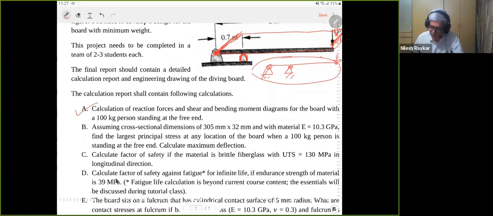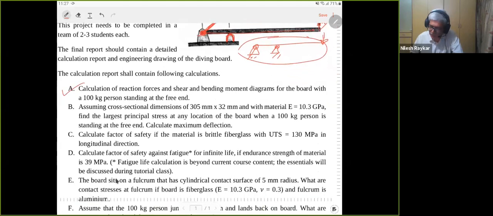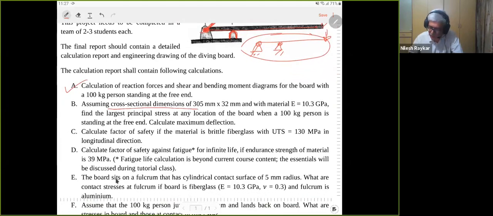The second is to calculate the cross-sectional dimensions, or assume cross-sectional dimensions as 305 by 32 millimeters with given material properties, and find out the maximum deflection. Here you have to use Macaulay's method, which is the best method we can apply here to find out the deflection of this particular beam.